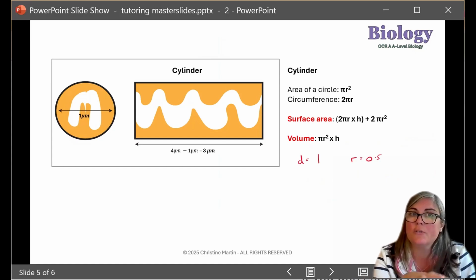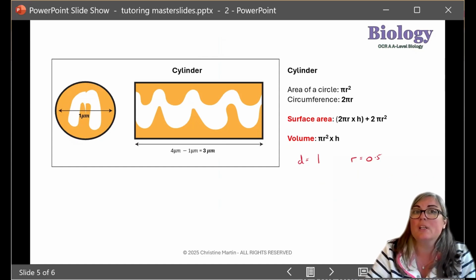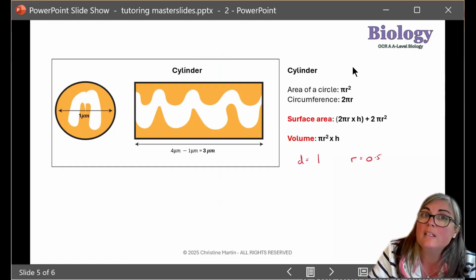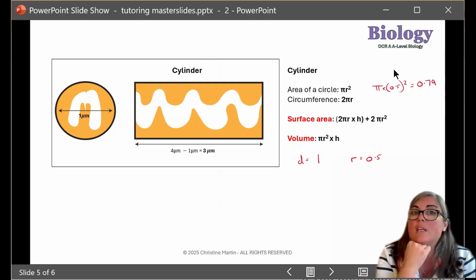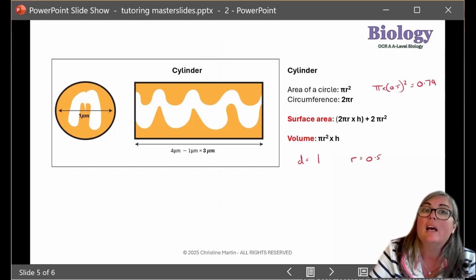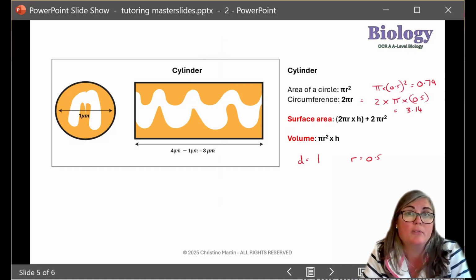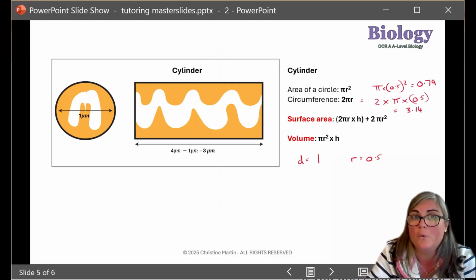So basically the surface area is needing to add together those different numbers. So let's put in our radius and work out our area of the circle. So if we do pi times 0.5 squared, we get the answer of 0.79. And to work out our circumference, we have 2 times pi times 0.5, which is 3.14.